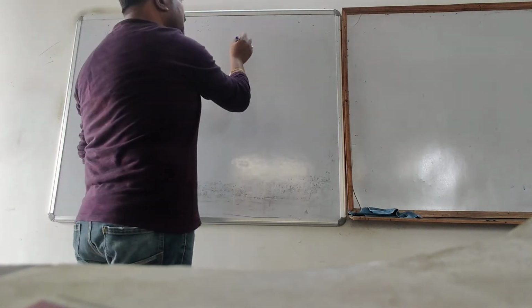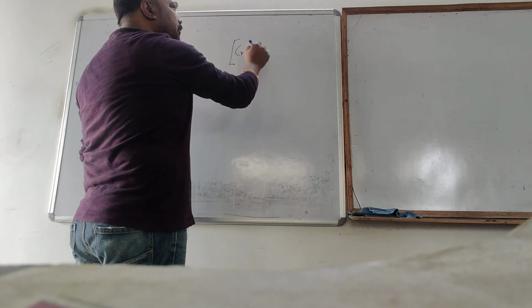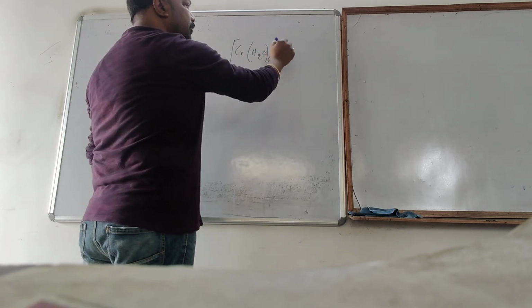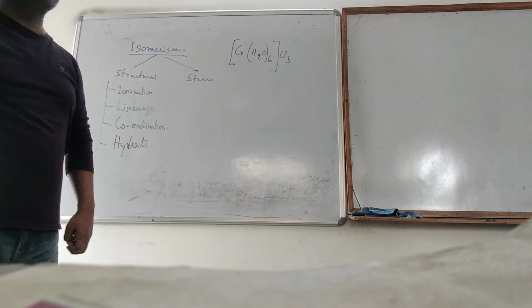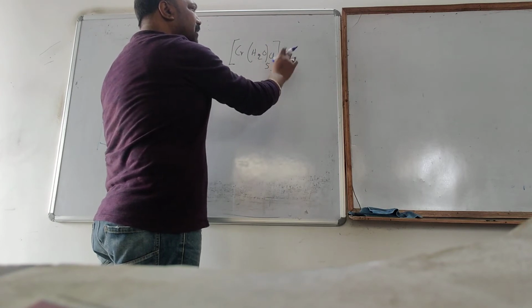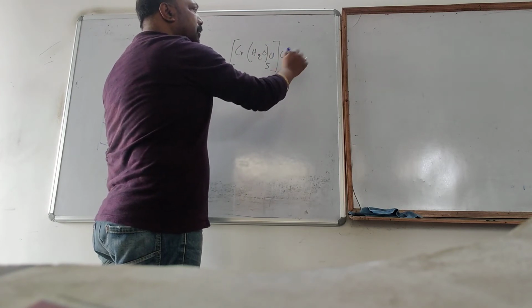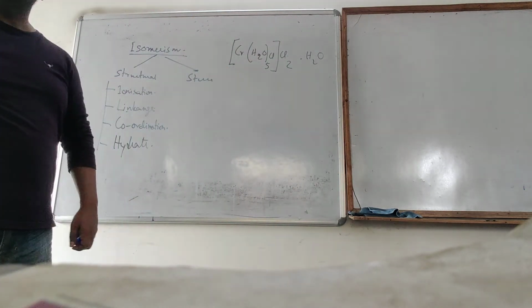For example, suppose I write [Cr(H2O)6]Cl3, this is one complex. Let me write it like this: [Cr(H2O)5Cl]Cl2.H2O.